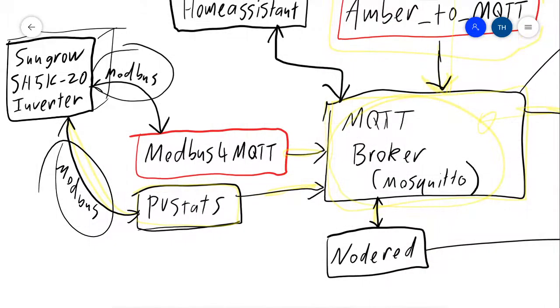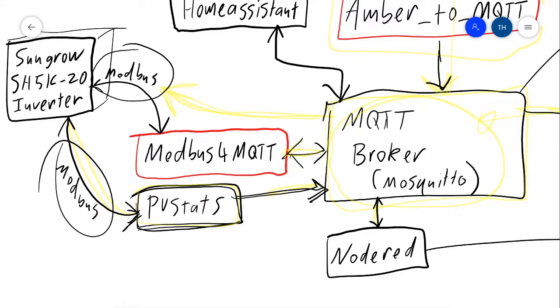But since I've started using PV stats, I had to do some other stuff. I had to do some bidirectional stuff. I need to be able to write to the inverter when I want to start charging the battery or when I want to prevent the battery being discharged. So I needed bidirectional control of the inverter, but PV stats is only a one-way thing. It only writes the stats from the inverter to MQTT.